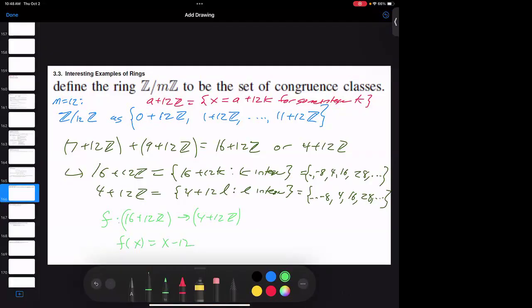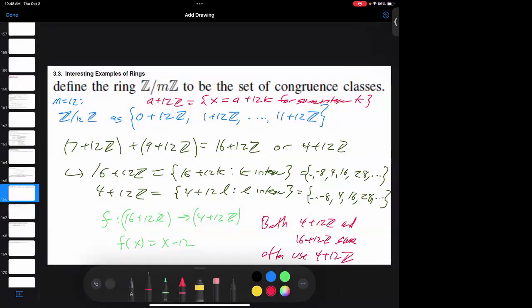So frequently, there can be more than one representative of my set. Both 4 plus 12Z and 16 plus 12Z are the same, and we often use 4 plus 12Z because it has the smaller number.